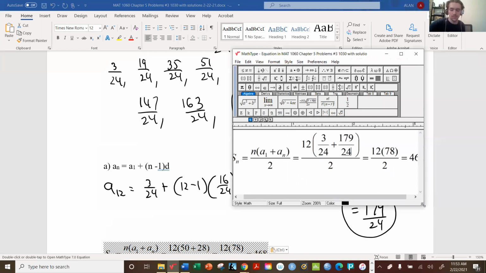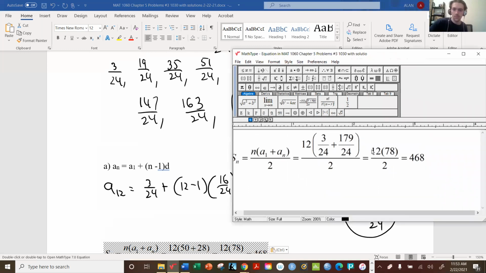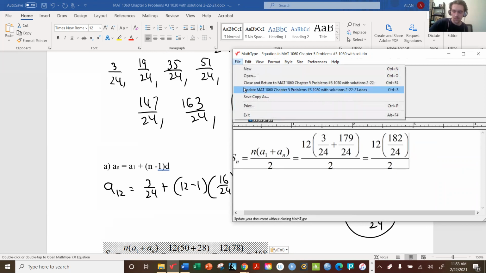Ooh, this is a mess. So we're going to have 12 times 182 over 24. Wow, what are we supposed to do with that? Let's find out.